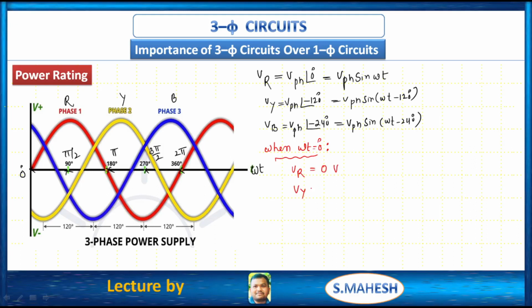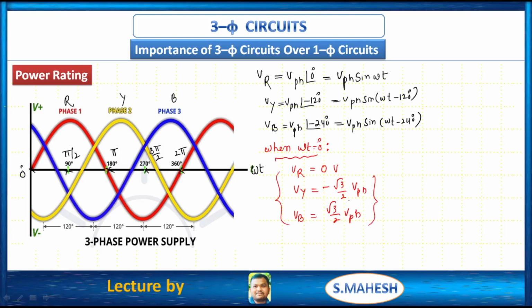Vy is V phase sine minus 120, we are having minus root 3 by 2 V phase, right? What about Vb? V phase sine minus 240, which is nothing but root 3 by 2 V phase.